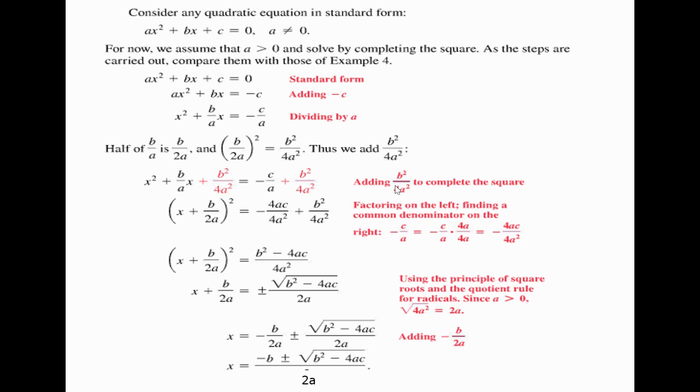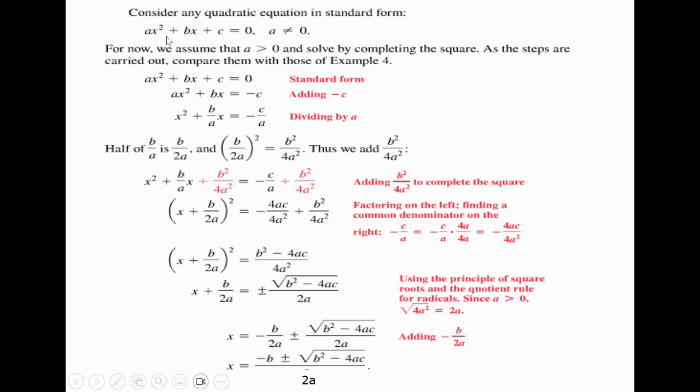Mathematicians took a general quadratic in the form ax squared plus bx plus c, and they completed the square. They divided everything through by a, took half of b over a, which is b over 2a, and squared it, giving b squared over 4a squared. They added that to both sides, subtracted b over 2a, and took the square root.